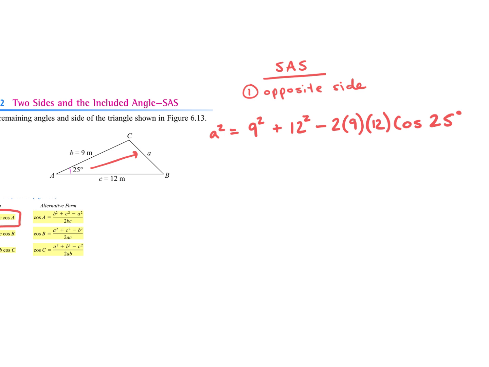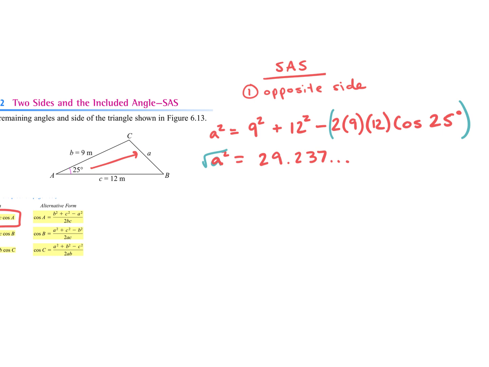So let's put this all into our calculator. Just be careful how you put it into the calculator. If you want to put all of this into parentheses, you can. So there's a lot of math going on there. Make sure you know how to use your calculator. So we get A squared equals 29.237. It keeps going. Is this my A? Is this my side? No, what do we have to do next?